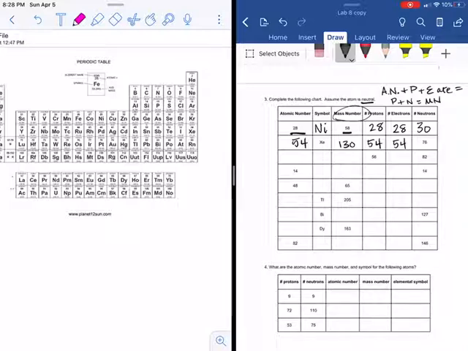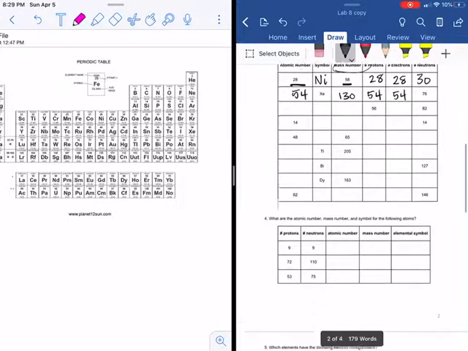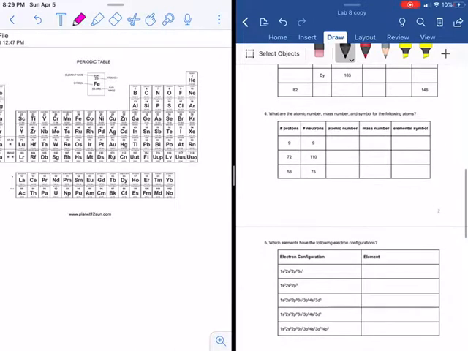I don't know if you remember that term from chapter 8, but basically an isotope is an atom that can have different numbers of neutrons. So you've got to go with whatever amount of protons and neutrons there are in the chart. Okay? So that's how you do part 3. You just go through and fill it in.